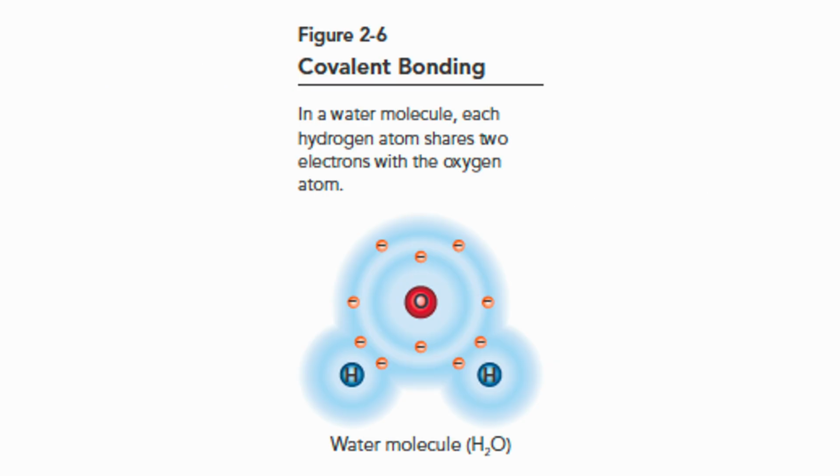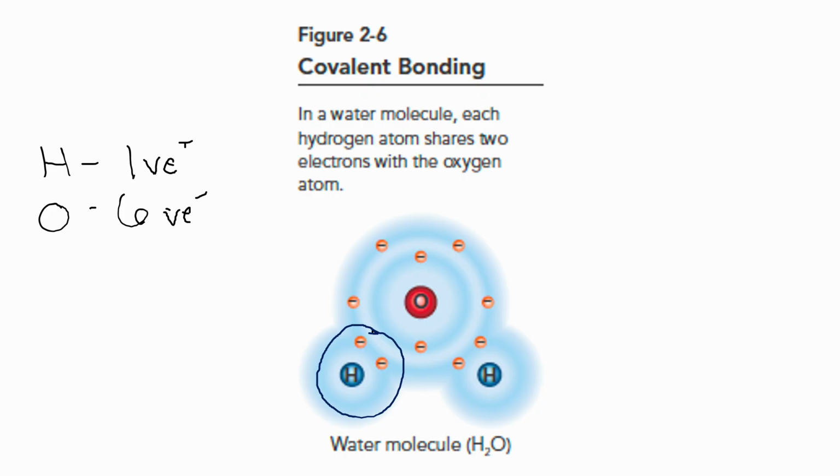So when we're looking at an example of a covalent bond, in water, each hydrogen atom shares an electron with the oxygen atom. So remember, a hydrogen has one valence electron, and an oxygen has 6, and both of those want to get to 8. So the hydrogens share an electron with the oxygen.